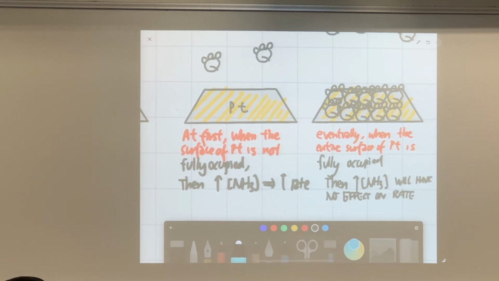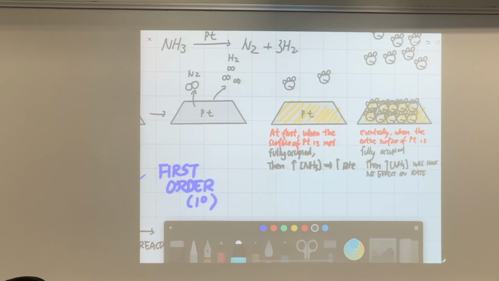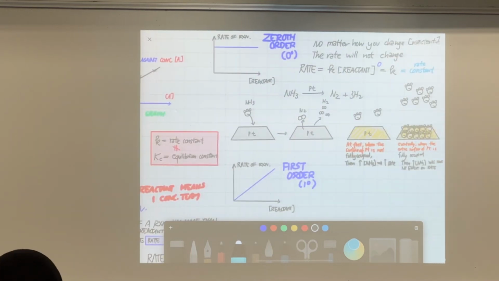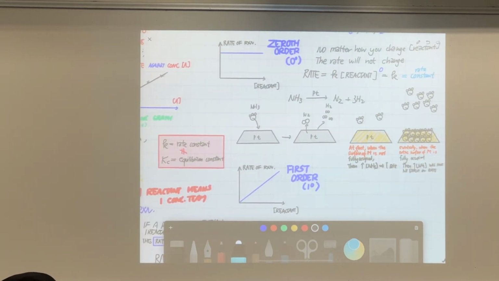Okay? Is this clear? Yes. Okay, so this is quite complicated. But don't worry, they won't ask you to explain why some reactions are zero order. We just have to appreciate that, well, sometimes reactions are zero order. It's a fact. But this is when it will happen.